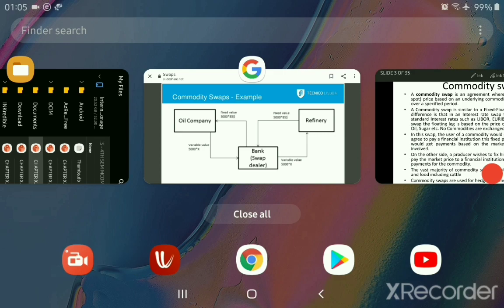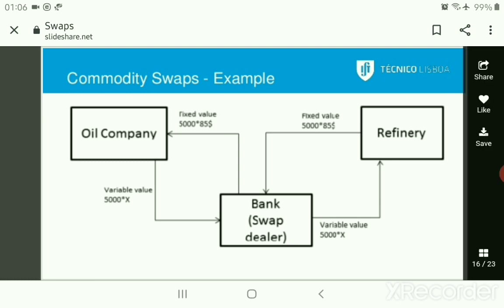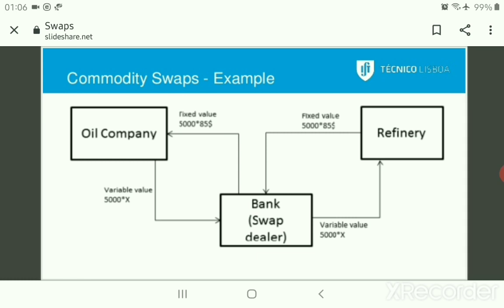I'll explain you here with the help of an example. Now here in this screen I have showed you, there is a refinery, there is an oil company, and there is a dealer. Now here they are making a deal.